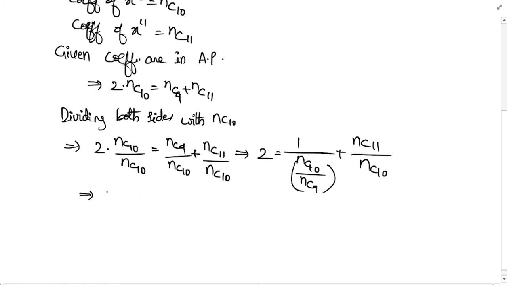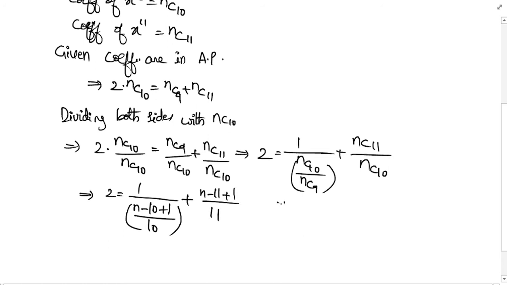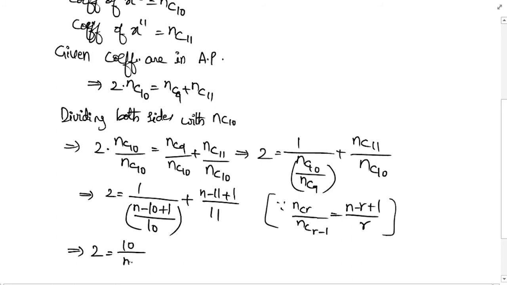That implies 2 is equal to 10 by n minus 10 plus 1, plus n minus 11 plus 1 by 11, since nCr divided by nCr-1 is equal to n minus r plus 1 by r.